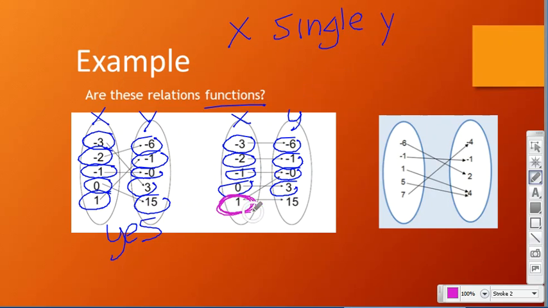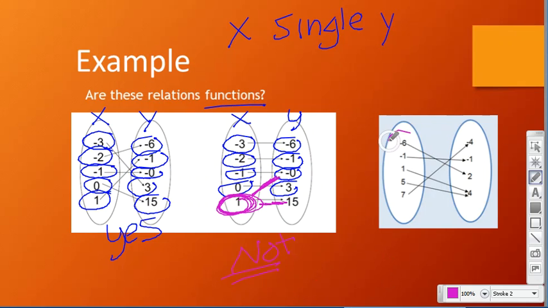We have 1 being paired with 0, and 1 is also being paired with 15. So because we have one of our inputs that is being paired with two different outputs, can you see that? We have this one input that's being paired with two different outputs, then we would say this is not a function. Not a function.